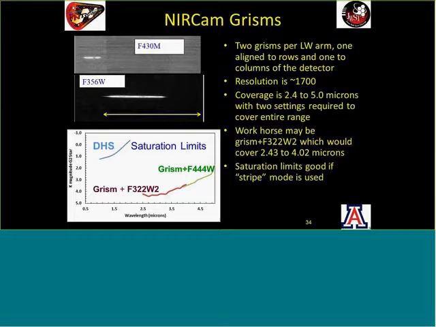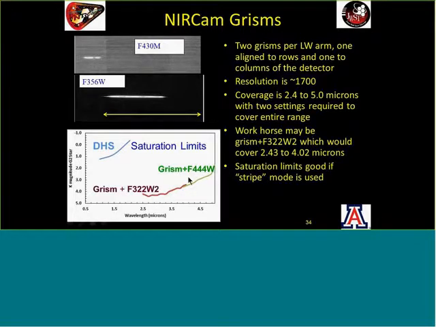And I should mention that these saturation limits assume something that we call stripe mode. The NIRCam detectors can be read using subarrays, and usually a subarray goes out just one of the 4 detector outputs. But if you orient things correctly, you can use the 4 outputs and read out the full width of the array, the full 2048, but only a selected number of rows.